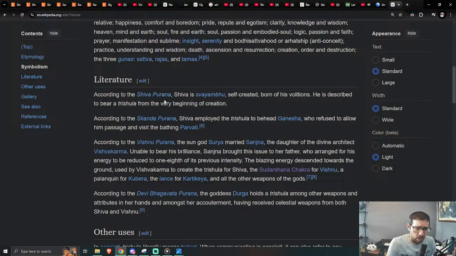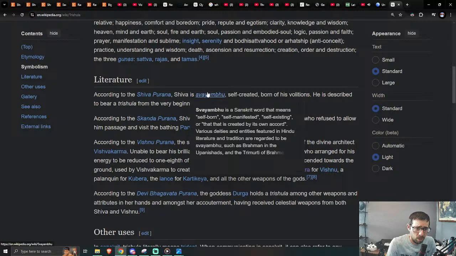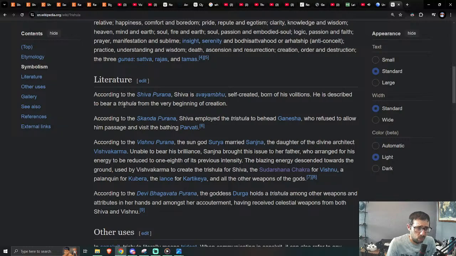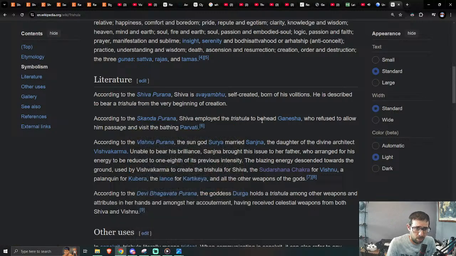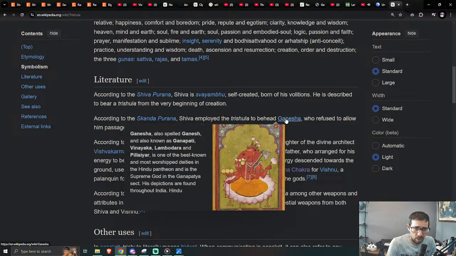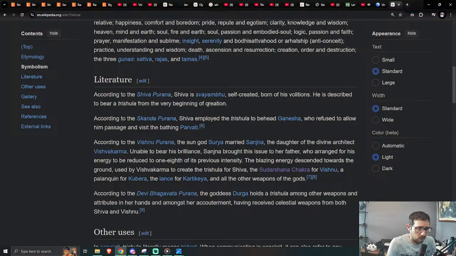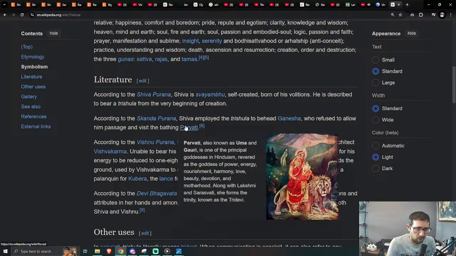According to the Shiva Purana, Shiva is Svayambhu, self-created, born of his volitions. He is described to bear a Trishula from the very beginning of creation. According to the Skanda Purana, Shiva employed the Trishula to behead Ganesha, who refused to allow him passage and visit the bathing Parvati.